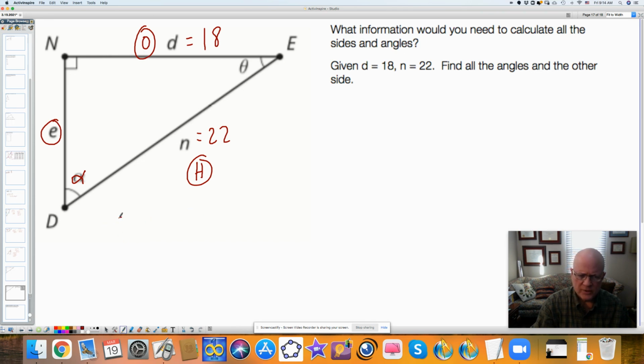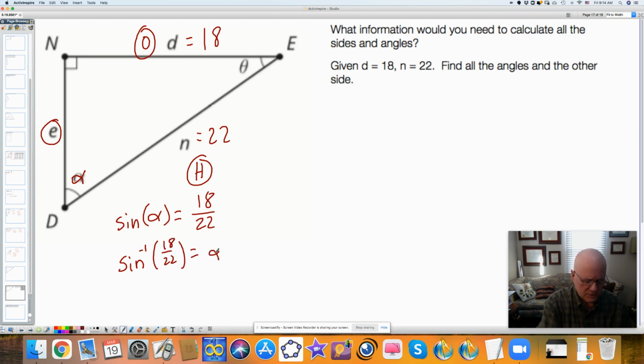SOHCAHTOA. So that would be the sine of angle alpha, which is the angle at D, is equal to the opposite over the hypotenuse. So the inverse sine, or the arc sine of the ratio, is equal to the degrees.